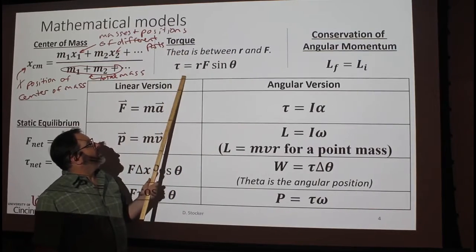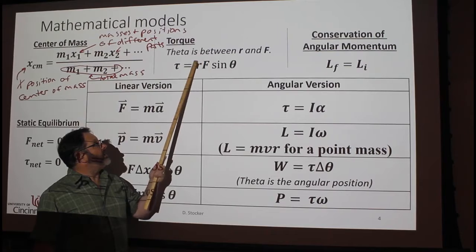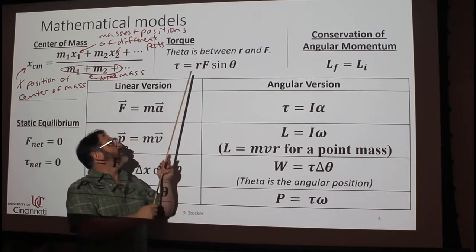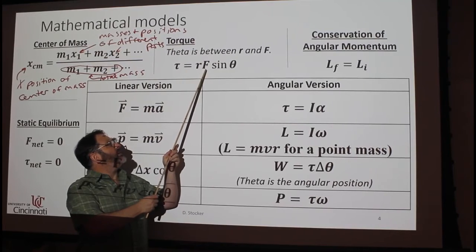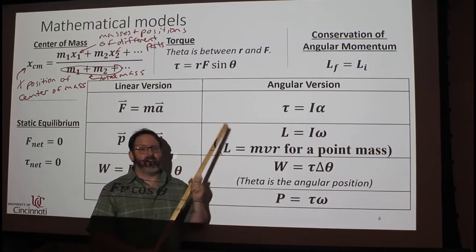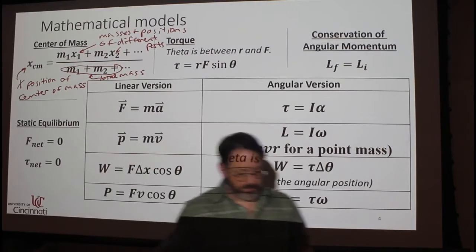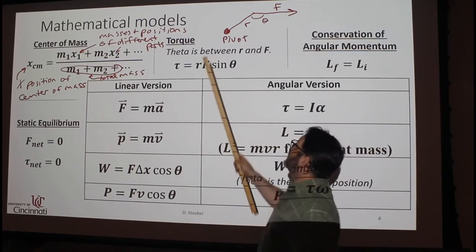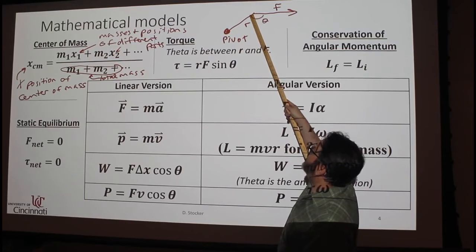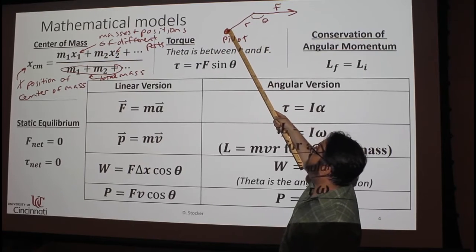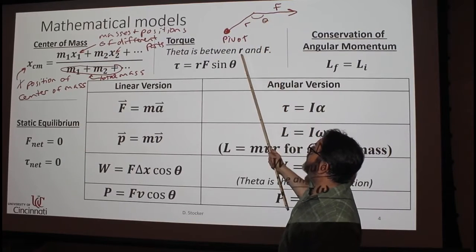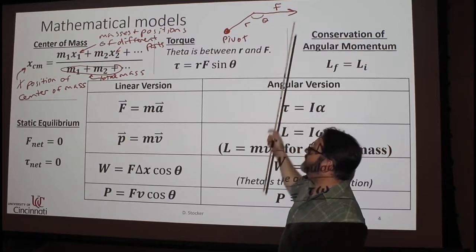Torque is R, the distance from the pivot point, times the force that's applied, times the sine of the angle between R and F. So for example, this is a situation where there's a pivot point here, and then at some position out here, a distance R from the pivot, you apply a force that way. This would be the angle theta, the angle between R and F.